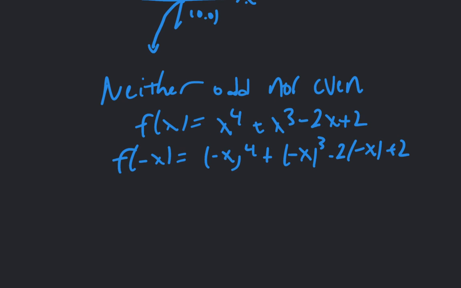That would give us x to the 4th minus x cubed plus 2x plus 2, which isn't negative f of x, and it's not f of x. It's almost, but not quite either of them. So it holds no symmetric value.